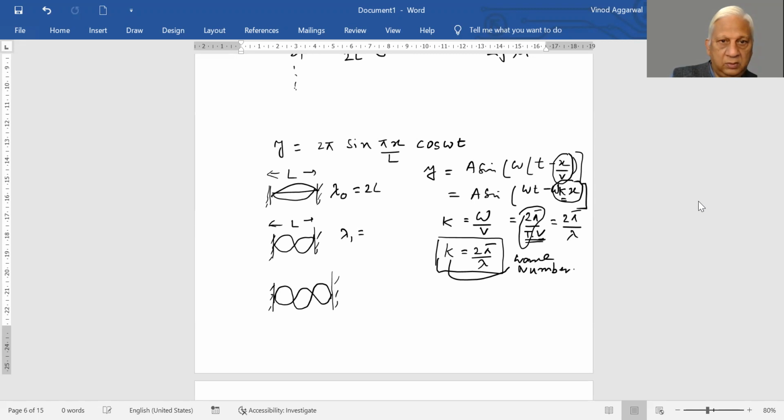For the first overtone, or second harmonic as we call it, it is L. And what will be the value of K here? K is 1 by L. K is... right.